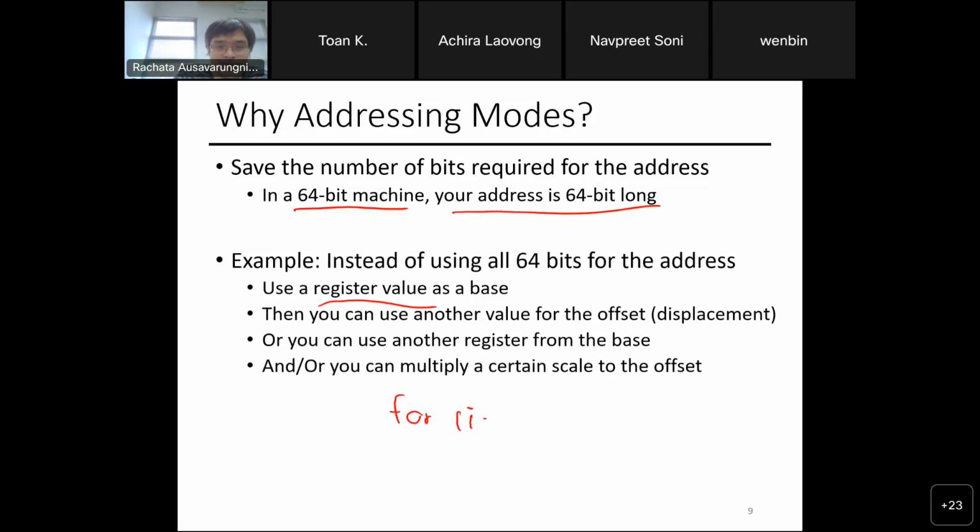For i equals 0, i is less than 10, i plus plus, and you do something like A of i plus 10 equals i. What is this? What is the base here and what is the moving value?